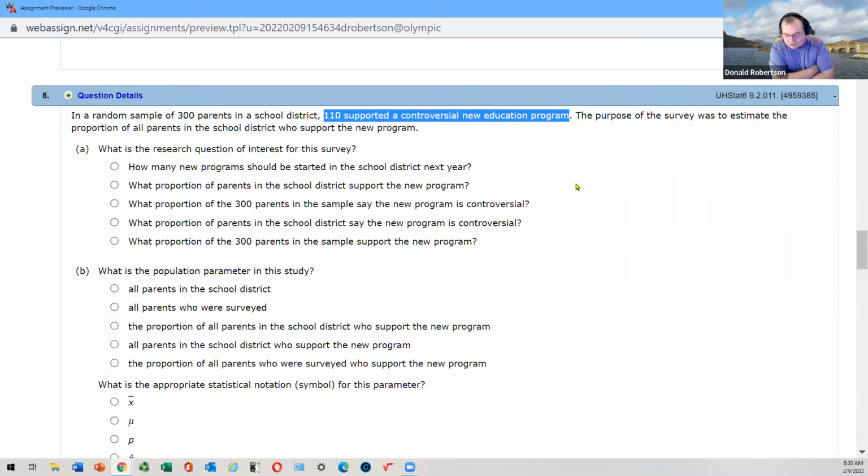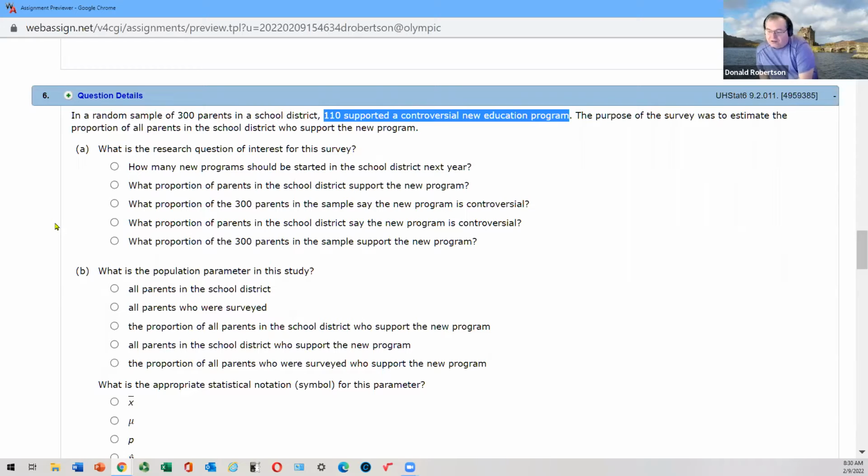Well, let's say it's a sex education program, right? That very often gets an awful lot of strong views one way or the other. And they want to know whether this new program has enough support so they could do it.